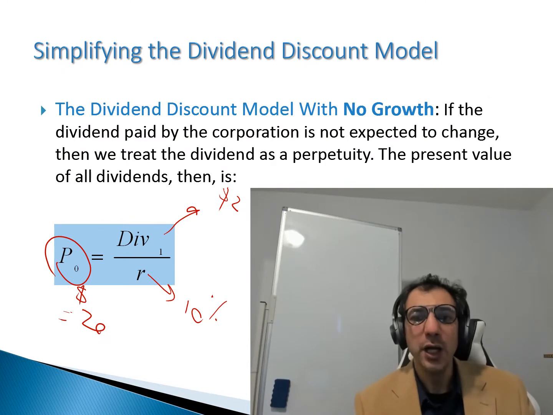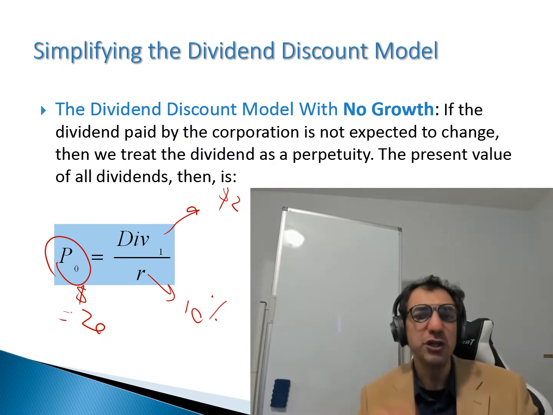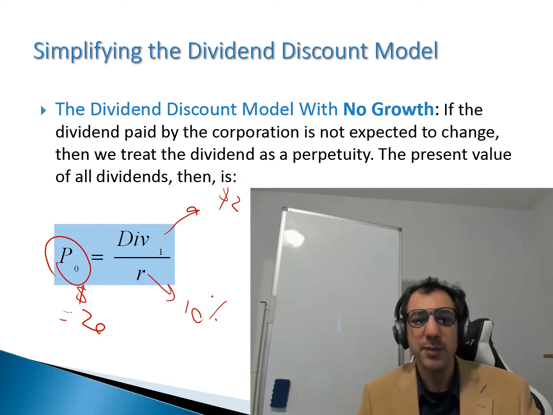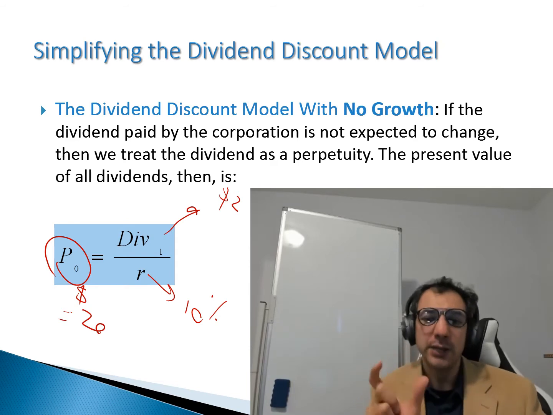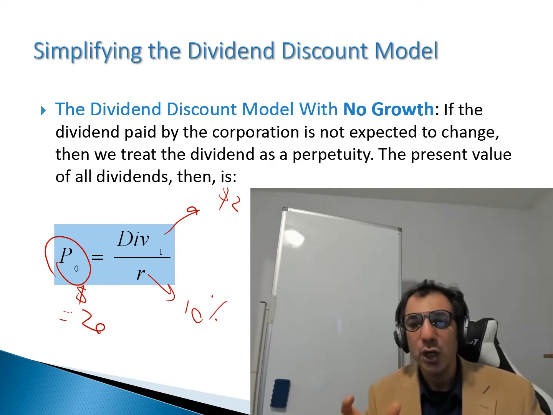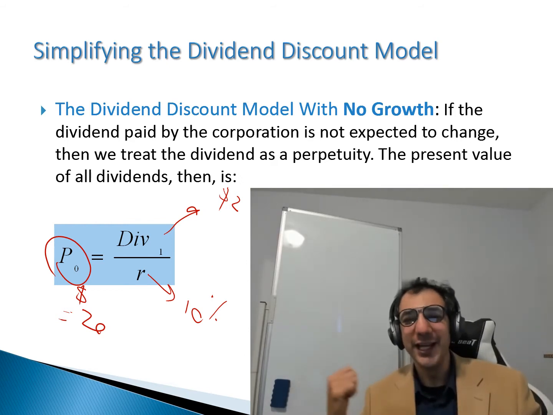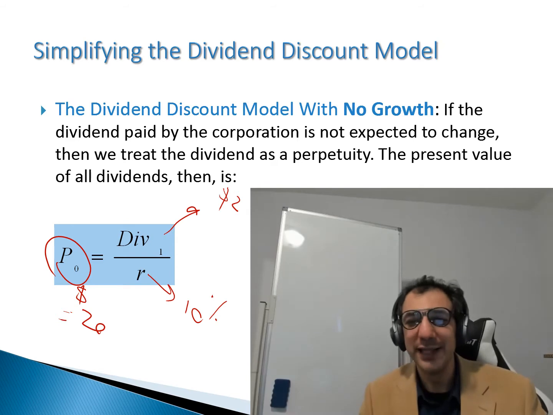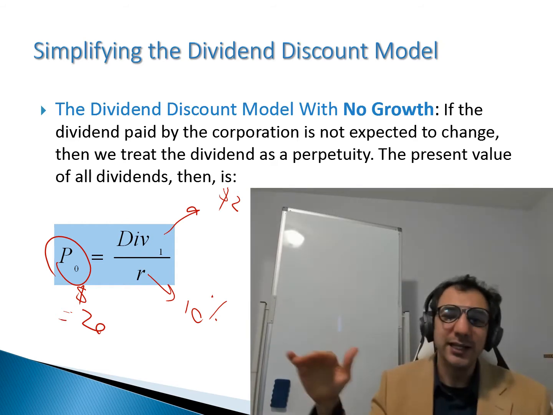So we go with the most simplified version of the DDM, in which we assume there is no growth in the dividend payment. In other words, the company is paying the same fixed amount of dividend for every period or for every year. So you are dealing with the type of cash flow which we learned in module 5, and we call that perpetuity. You are right. Perpetuity was the cash flow with a fixed amount, the same number for an unlimited period of time.